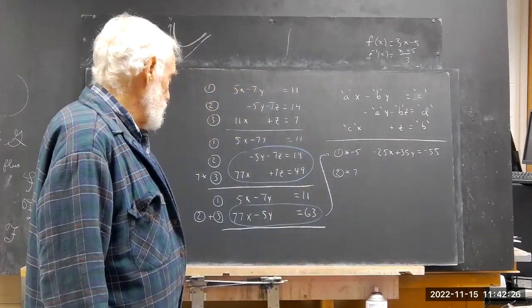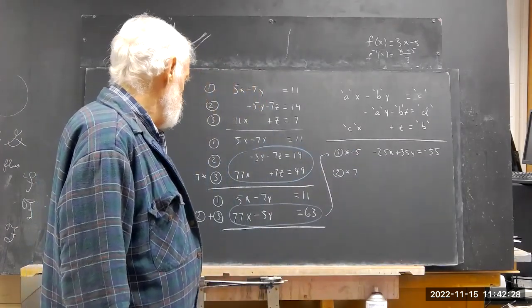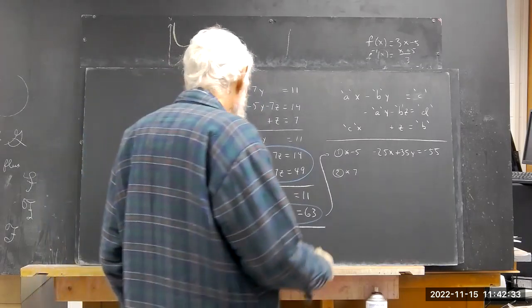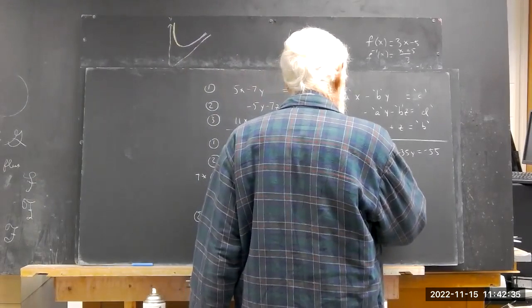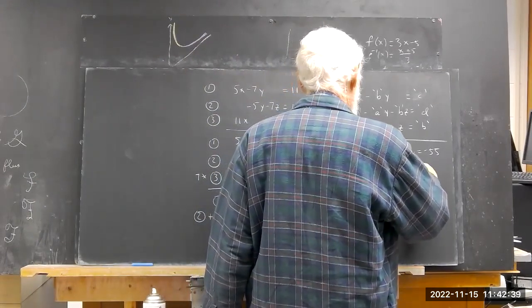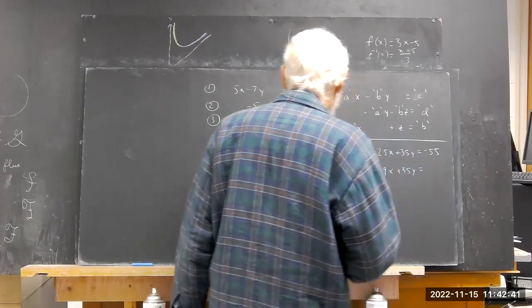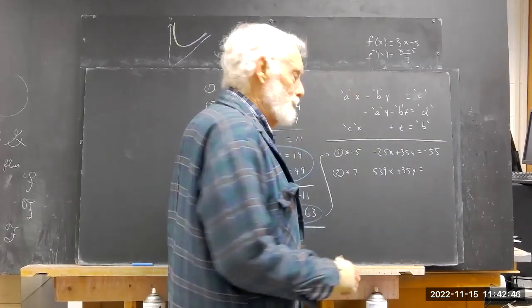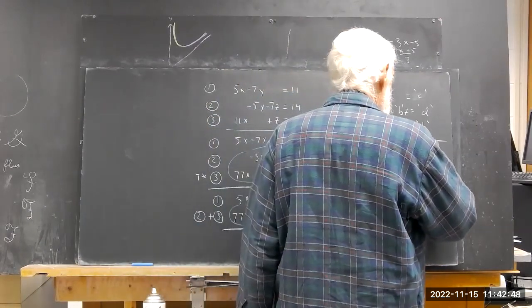And 7 times 77 is 539. And 7 times 63, I think, is 441. Am I right?